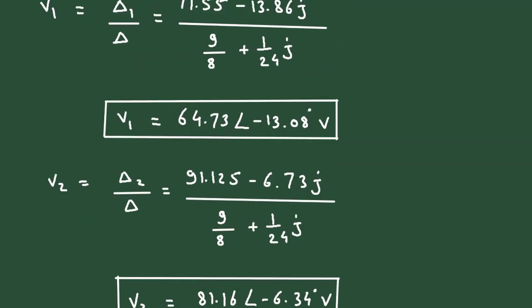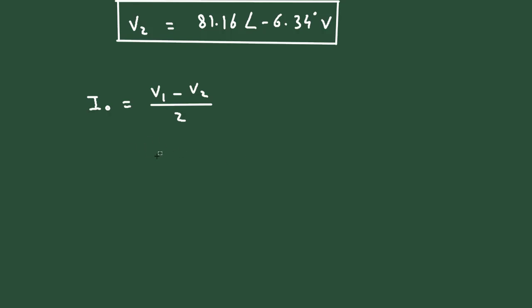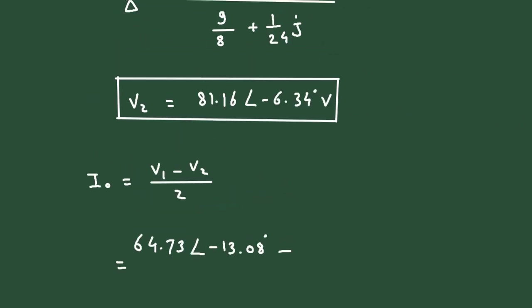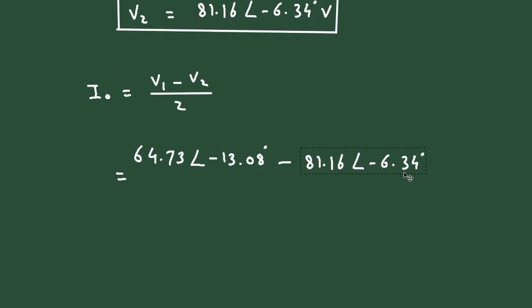So V1 value is this much. Here we will write V1, then minus V2. This is the value of V2. V1 minus V2 divided by 2.